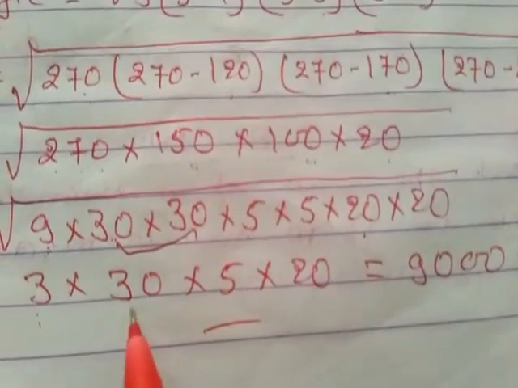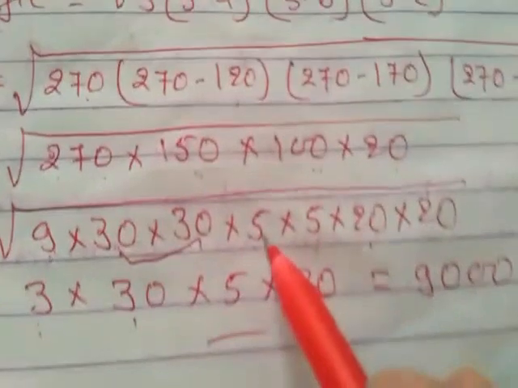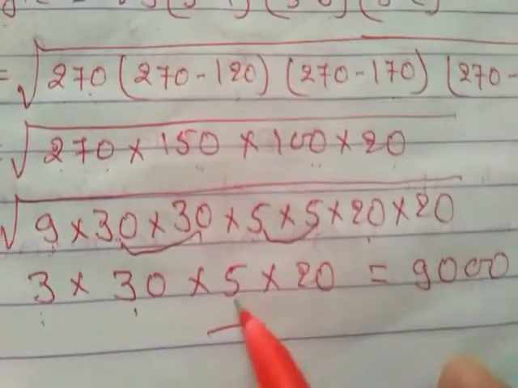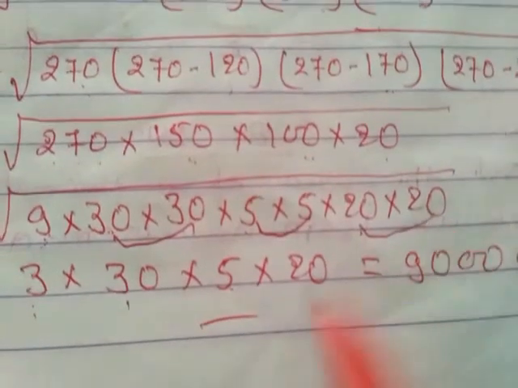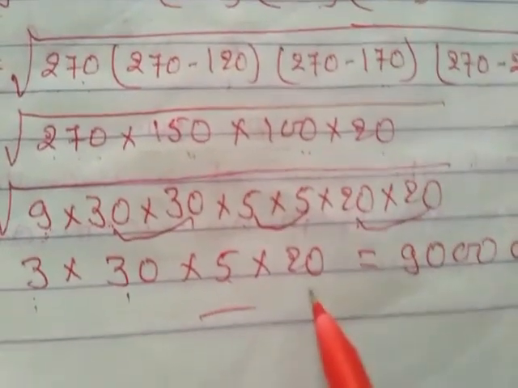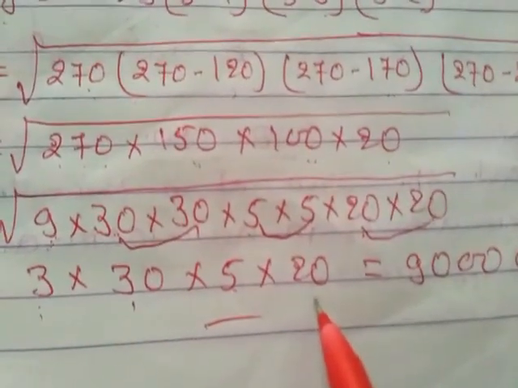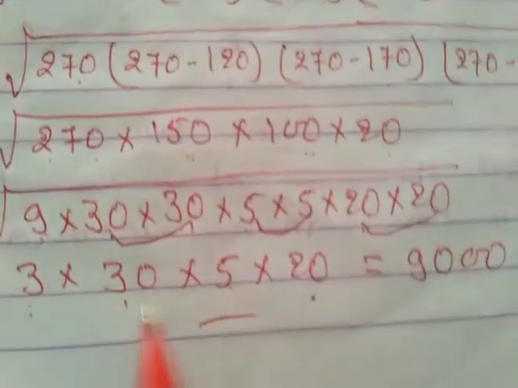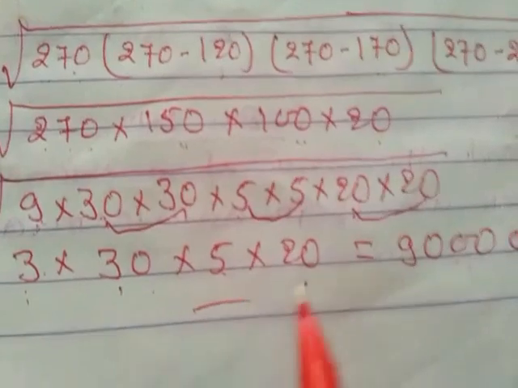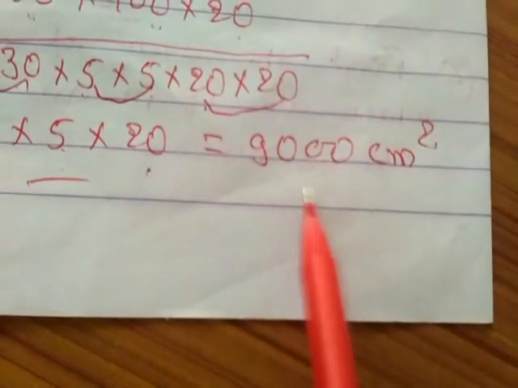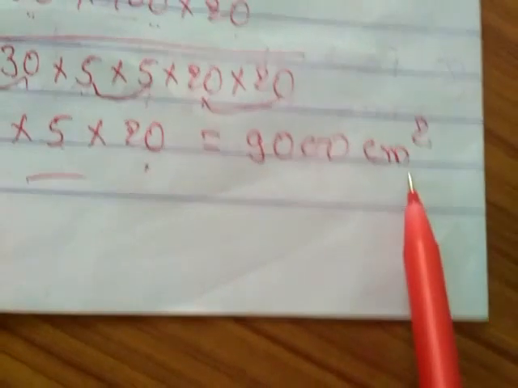Here, students, in this question, the perimeter of the triangle was given as 30 centimeter. As you know, the perimeter of a triangle is the sum of its three sides, and this is an isosceles triangle, so its two sides will be equal, and in the question it is given that the equal sides are 12 centimeter each.